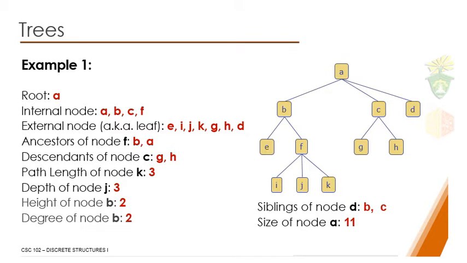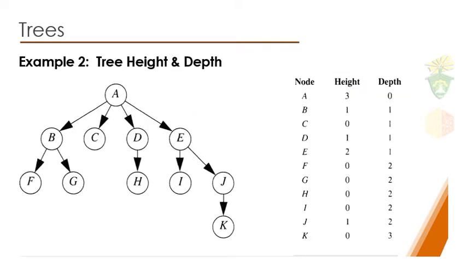For those confused about height versus depth, let's look at this example. For node A, the height is measured by counting the number of edges from the lowest leaf, in this case K. So how many edges do you see connecting to node A?